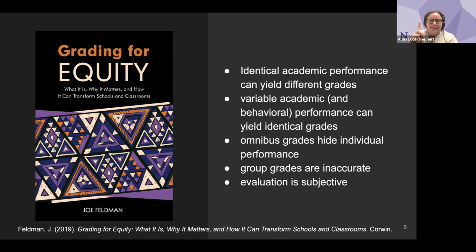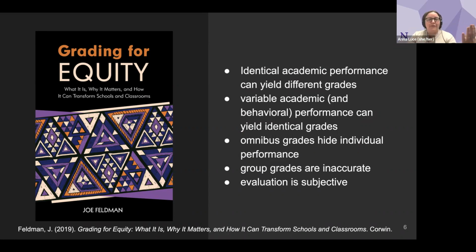And then it gives you one single letter. So it distills all of this information into one letter or one percentage. And what that does is it hides all of the perhaps valuable information from those different sections of the grade. It says you got a B in this class, but it doesn't tell you how you performed on those individual measurements. Group projects are a really great way to learn, but they're difficult to grade.